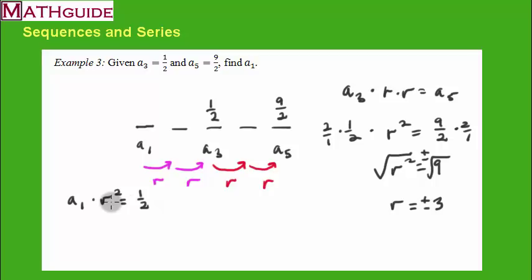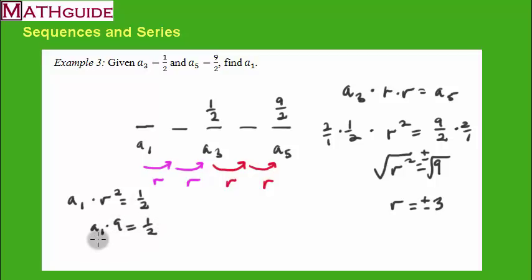Okay, but we know what r is. r is either 3 or it's -3. 3 squared is 9, -3 squared is 9. It doesn't matter. Whether r is positive or negative 3, r squared is going to be 9. So I know that this is really a sub 1 times 9.